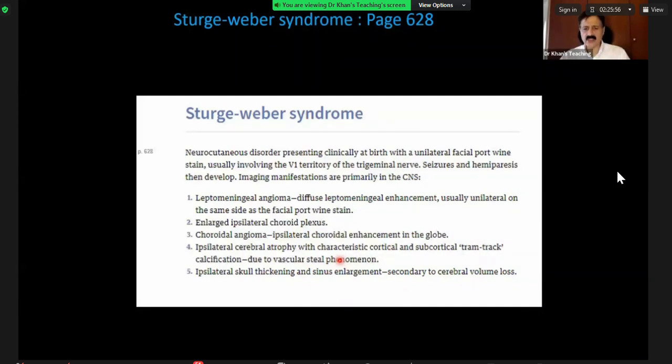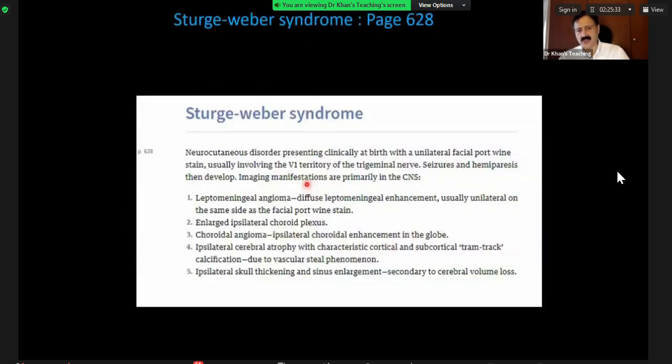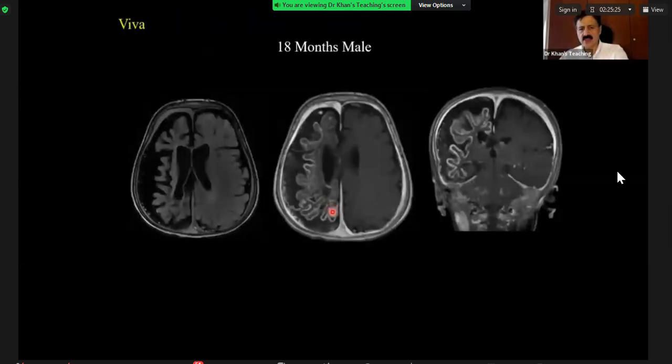Because of that, there is developing atrophy of the brain. And after some months or years, there will be atrophy and then calcification. That calcification shows up in the exam because it is classical, what we call the barrel pattern of calcification. So here there is atrophy and there is enhancement.